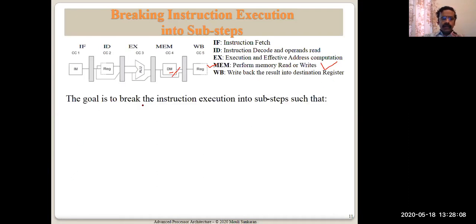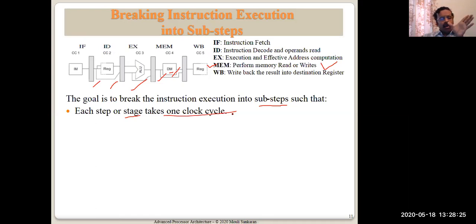The goal is to break the instruction execution into sub steps. Based on the instruction, some of the steps have to be done. What we are doing in the pipeline is dividing into sub steps. Each step or stage takes 1 clock cycle. We want to make sure all the things are done within 1 clock cycle. Why?